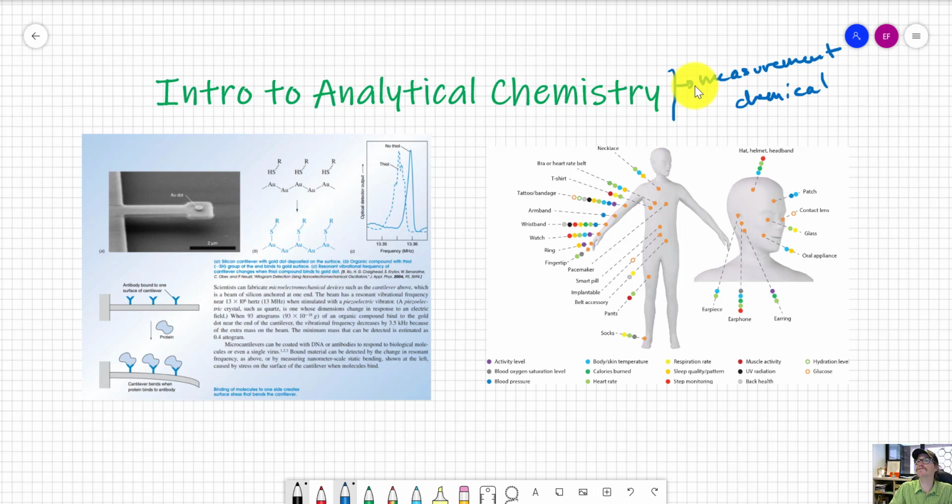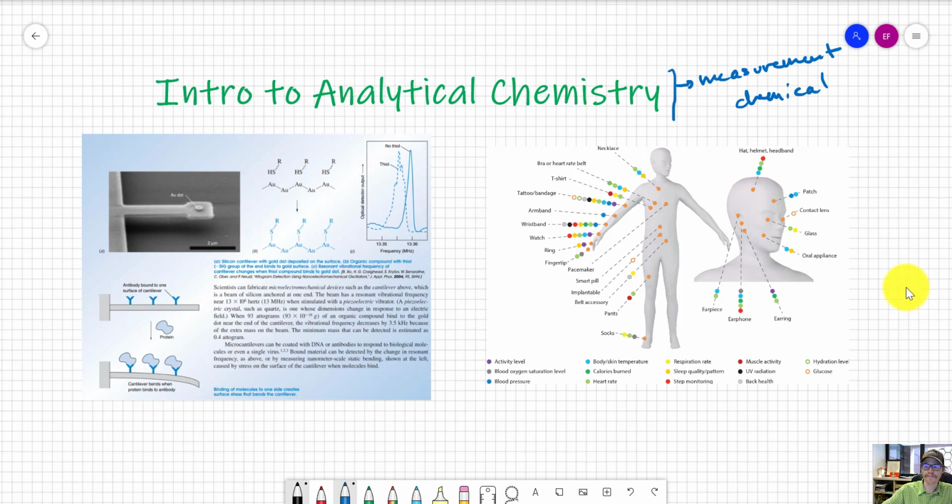So how do we even invent and begin to design these tools that allow us to study whether or not a compound even exists on this planet or in the universe, etc.? So analytical chemistry is this massive field with multiple facets in terms of the questions that are central to its theme. And so I'll just walk you through a few.